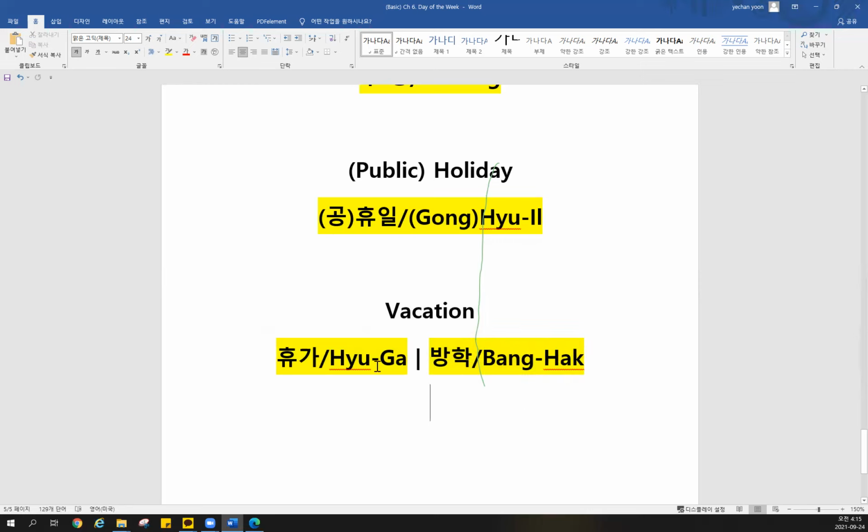방학. So this one is for the adults. For the majors, of course, university students are also majors, but generally, for businessmen and adults, we use 휴가 for vacation. But for the students, we use 방학.